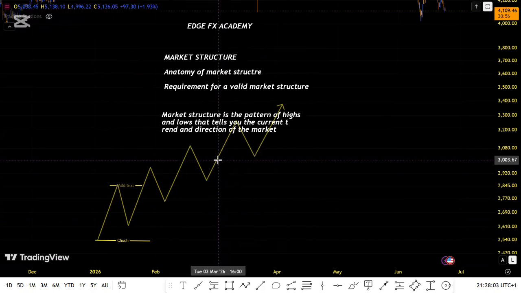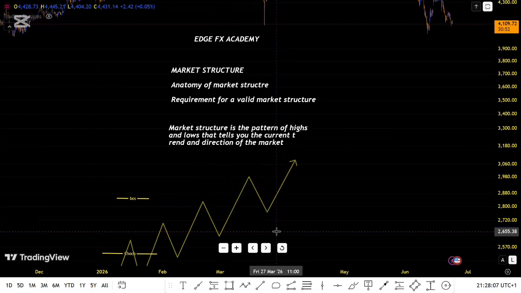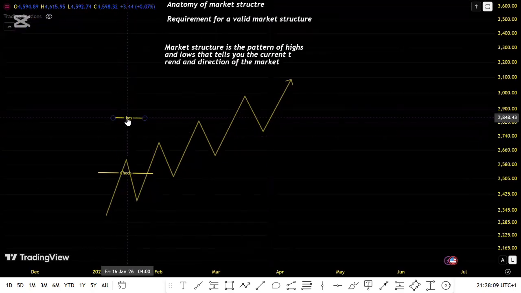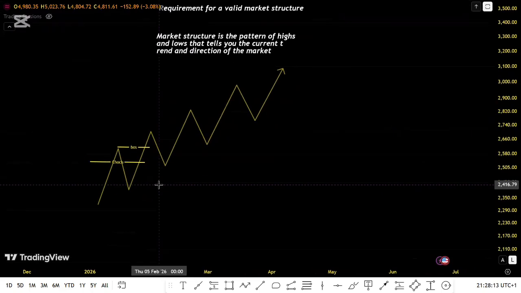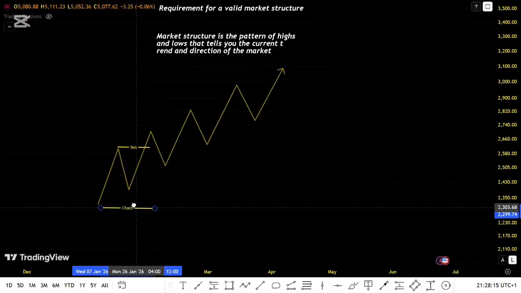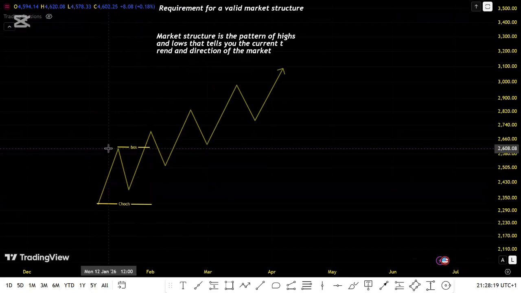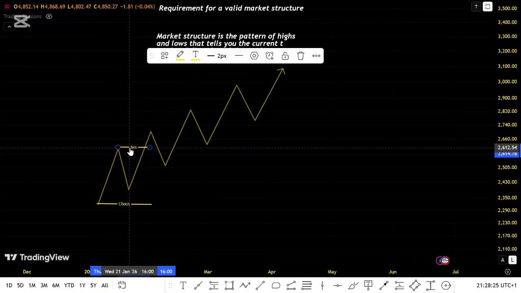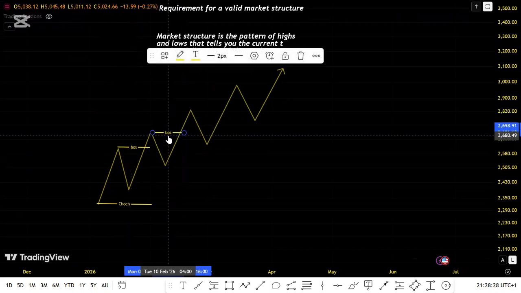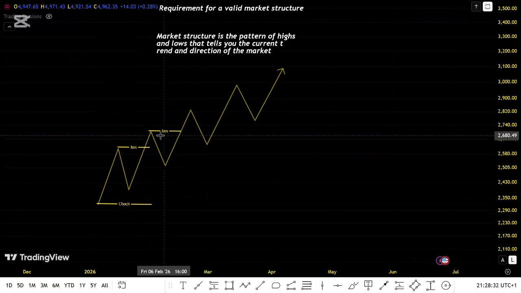Let's adjust this a little bit. So each time the market goes above the initial swing, right? We take this and put it there. You call it breakout structure, right?